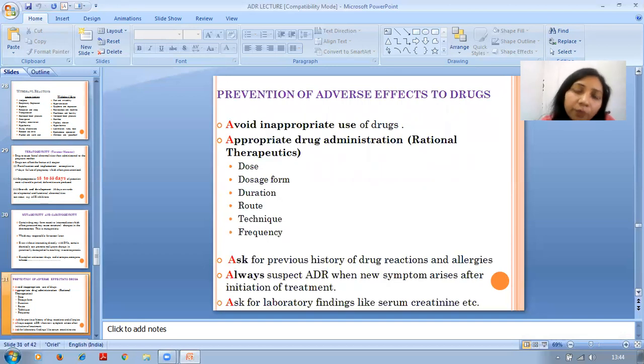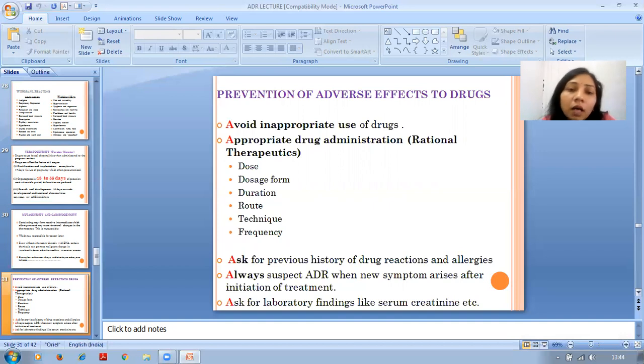Then how can we prevent adverse effects? We have seen that adverse effects are more common when you practice polypharmacy. So one of the best things is to avoid inappropriate use of drugs, or avoid use of many drugs when they are not needed.